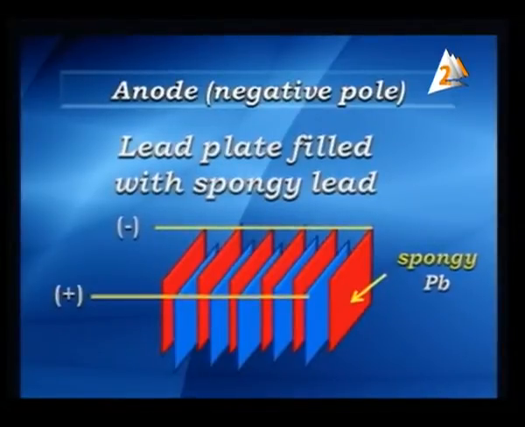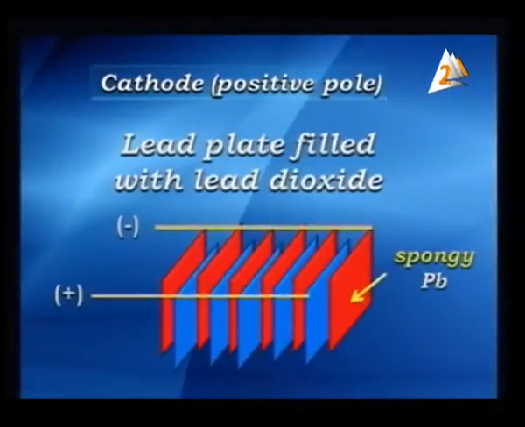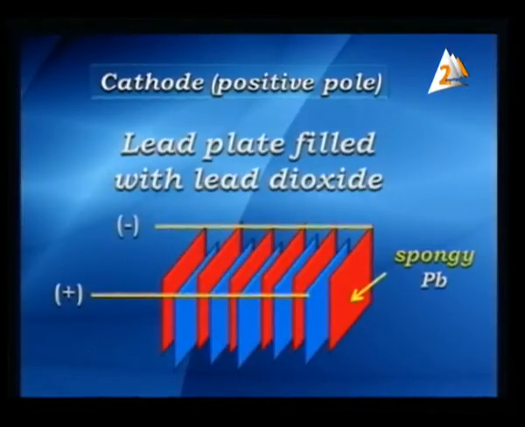The cathode is a lead network filled with a paste of PbO2, lead oxide, and the plates are separated from each other by insulating sheets. We must protect all of this inside a sheet or frame made of plastic.